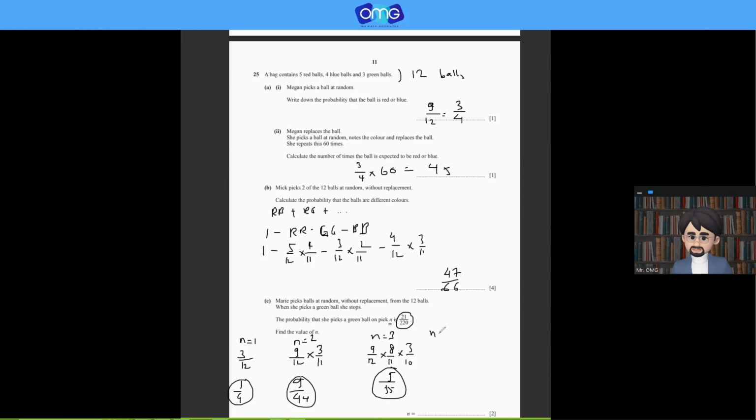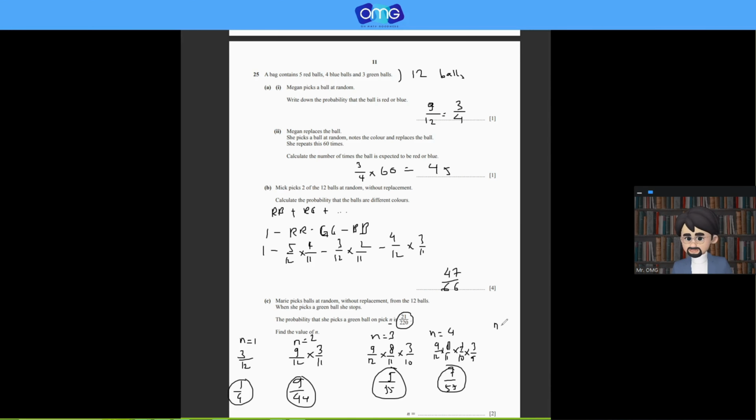When he takes the fourth time, he takes non-green and then green, and that will be 7 over 55. That's still quite far, not the answer.